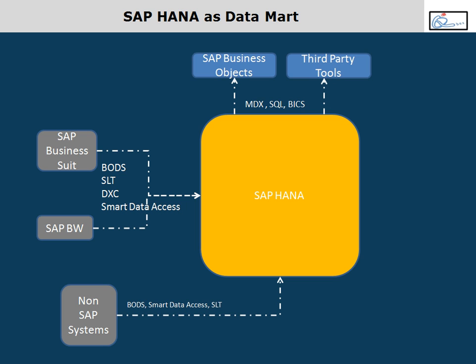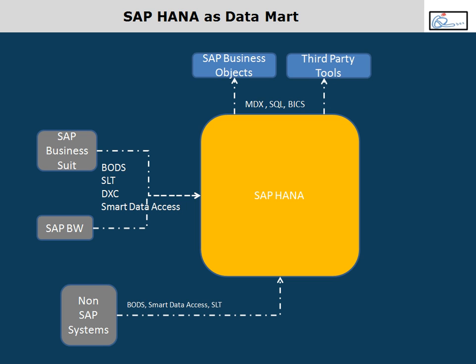You can expose these models to the reporting environment through an MDX interface or through a SQL interface. Any reporting component which can interact with HANA through SQL or MDX can consume those HANA information models and then do reporting. This is using SAP HANA as a data mart. You'd use HANA for storing the data, and with data processing techniques you can bring data in real time.